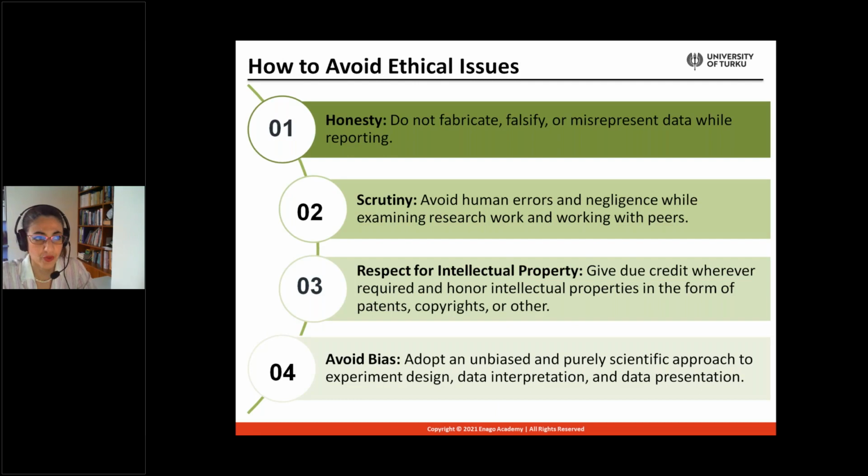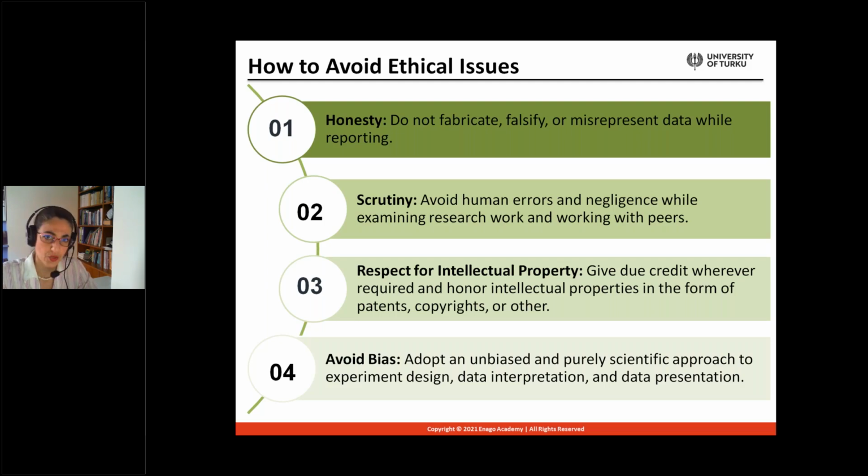Now, how do we avoid these major ethical issues? Make sure honesty characterizes every aspect of your work. Do not fabricate, falsify, or misinterpret while reporting. Scrutiny. Avoid human errors and negligence. Check, double check, triple check both what you're doing and what your colleagues are doing towards this manuscript.